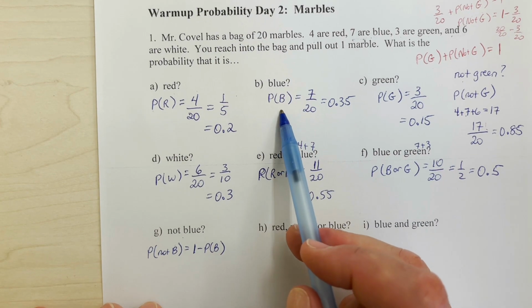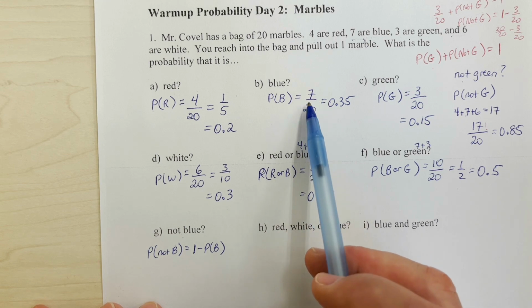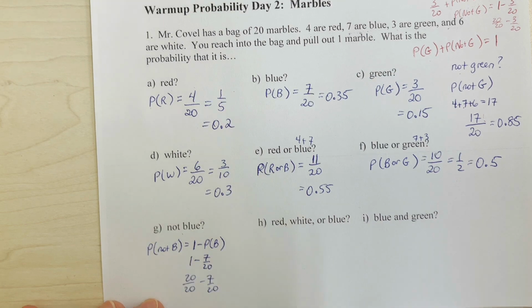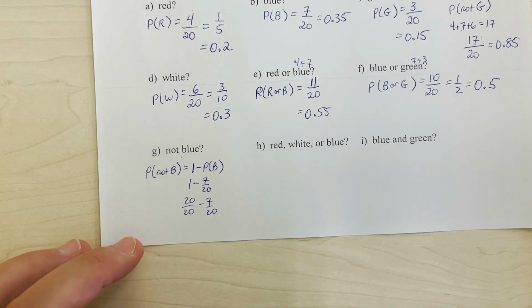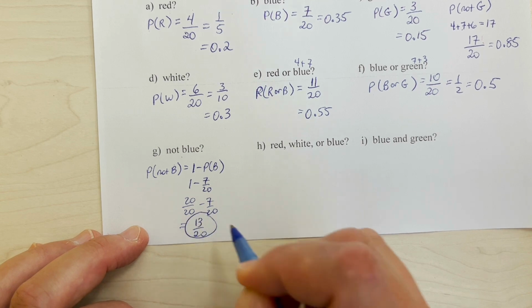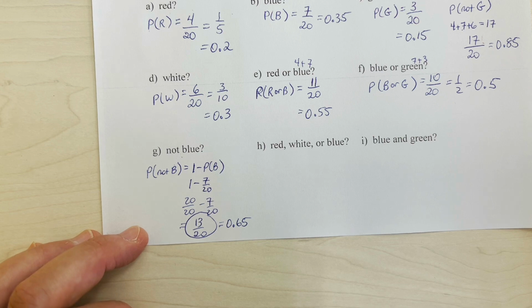The probability that we choose a blue marble is 7 out of 20. Everything else is not blue. So if I take 1 minus 7 out of 20, and as a common denominator, 20 out of 20 minus 7 out of 20, I get 13 out of 20, which is 0.65 as a decimal.